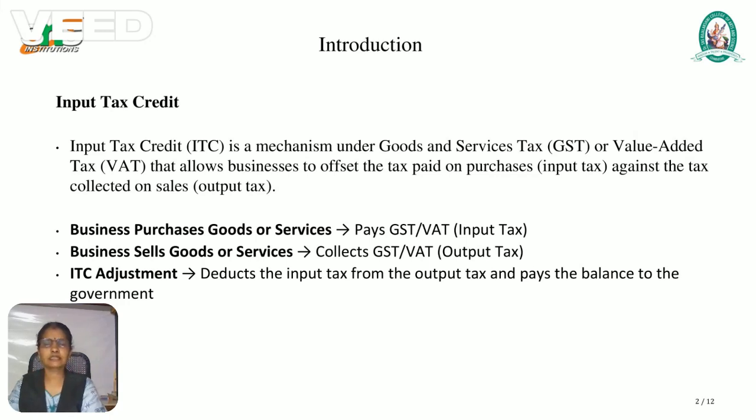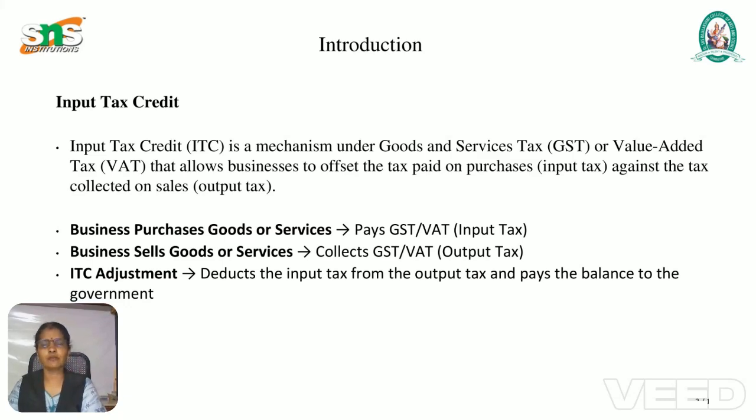For example, when a business purchases goods or services, as a manufacturer or supplier they are supposed to pay GST or VAT, that is called the input tax. Then at the time of selling the goods and services, as a manufacturer, they have to collect the GST or VAT from the end user, that is called output tax.